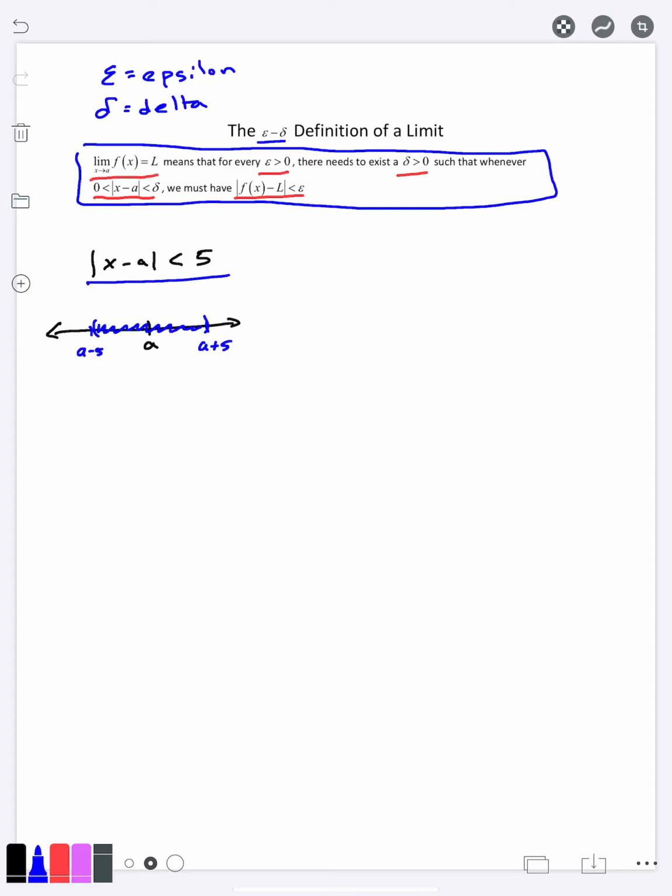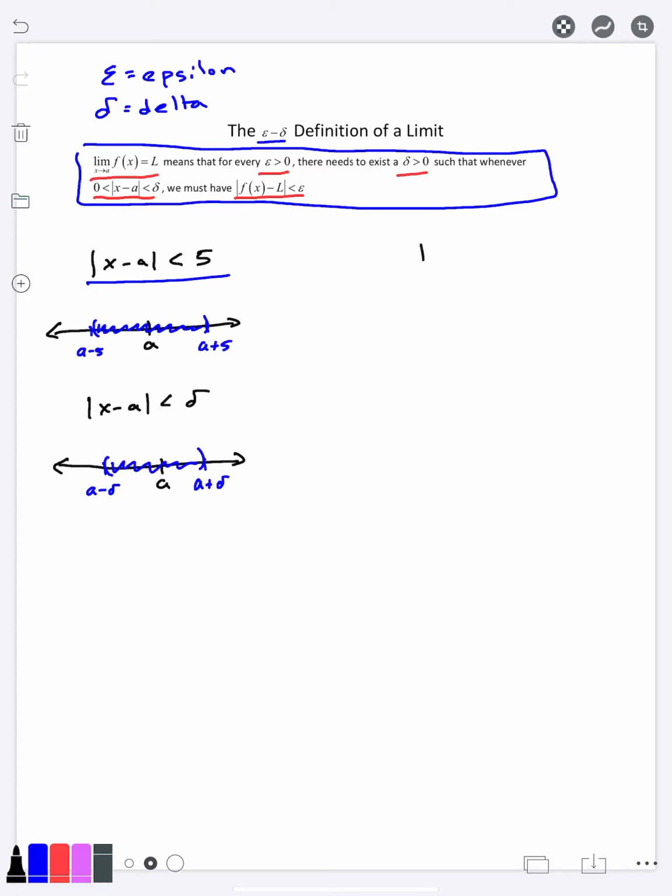So whenever you have absolute value of x minus a is less than some number, let's say 5, it's going to look like this. And if you have absolute value of x minus a is less than delta, it means on your number line you start at a and you go right a value of delta, whatever number that is, and you go left a value of delta, and look at all the numbers in between there.